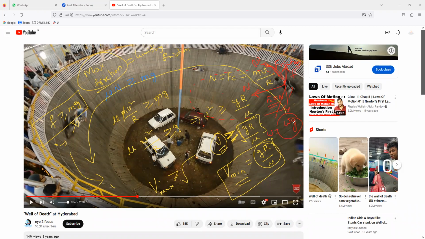So if a person wants to ride a bike in this death well, his velocity must be greater than or equal to root over g into r divided by mu. That is what you have to remember. So this is how we need to derive the formulas for both conical pendulum and as well as death well.